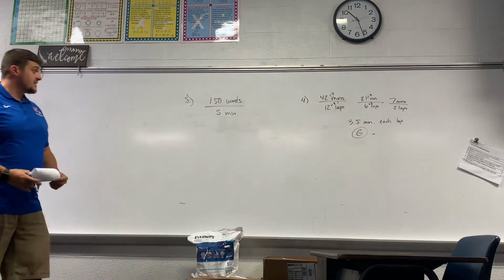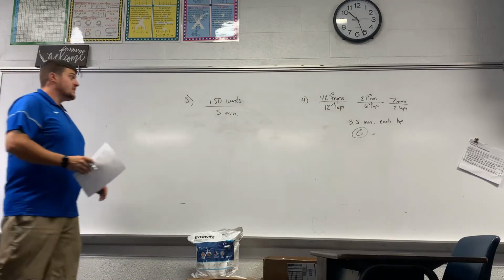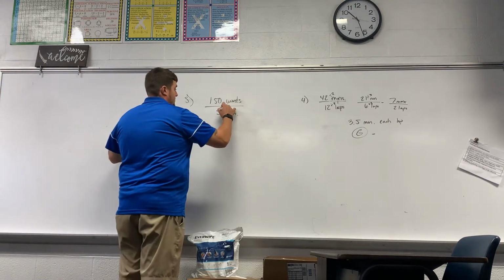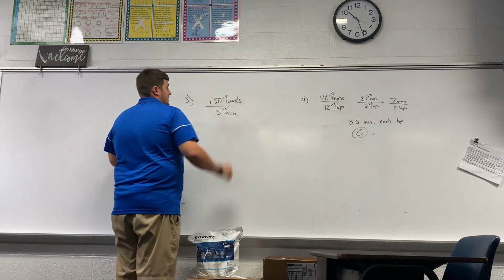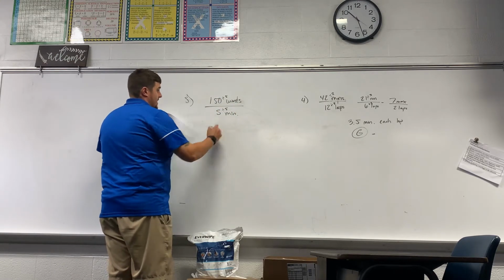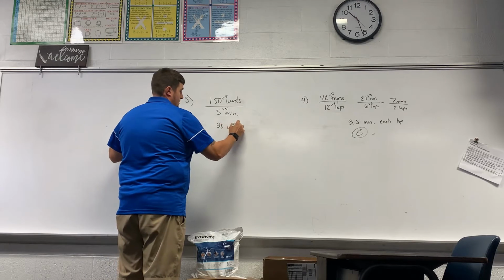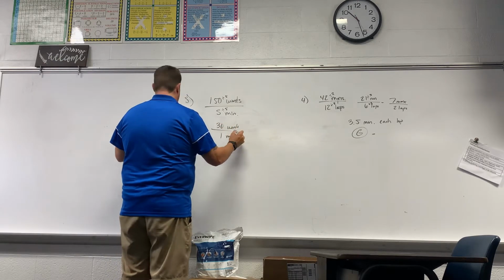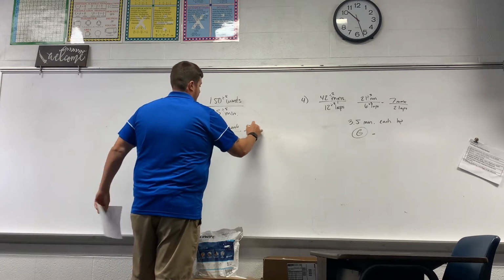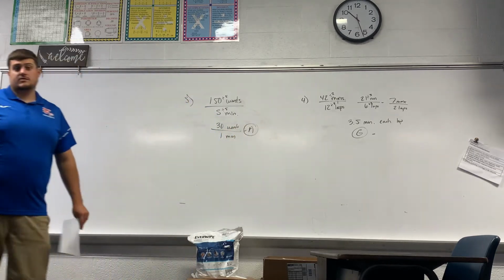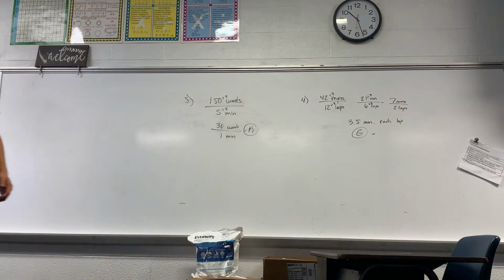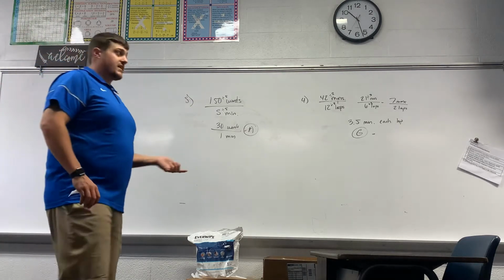The good thing is 5 does go into 150, so we're going to divide by 5. You get 30 words per minute, which is letter A. So just unit rates there. All we work with on the first page is unit rates and ratios.